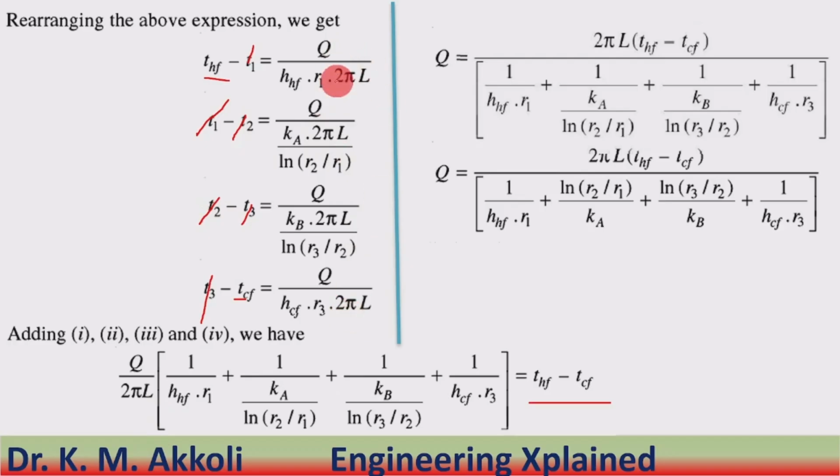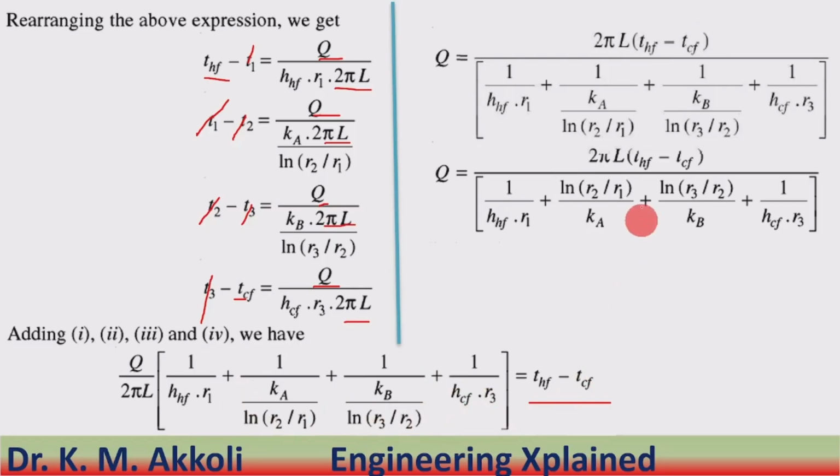After taking the common, inside remains 1 by HHF into R1, 1 by Ka ln R2 by R1, 1 by Kb ln R3 by R2, plus 1 by HCF into R3. These are the thermal resistances.